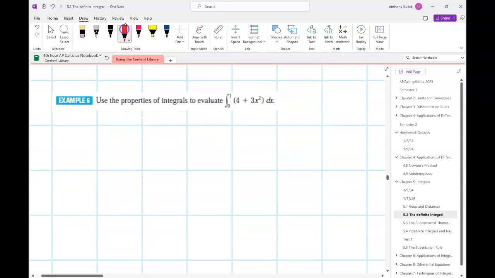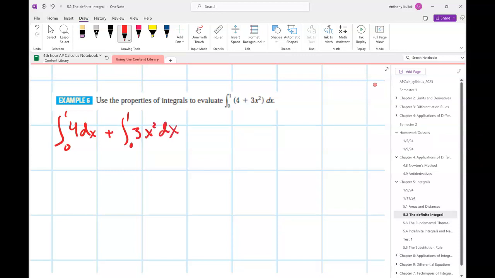All right. So it says here, use our properties of integrals to evaluate this. I would start by distributing my integral. Everybody's good there? This first piece I can use property 1 on.